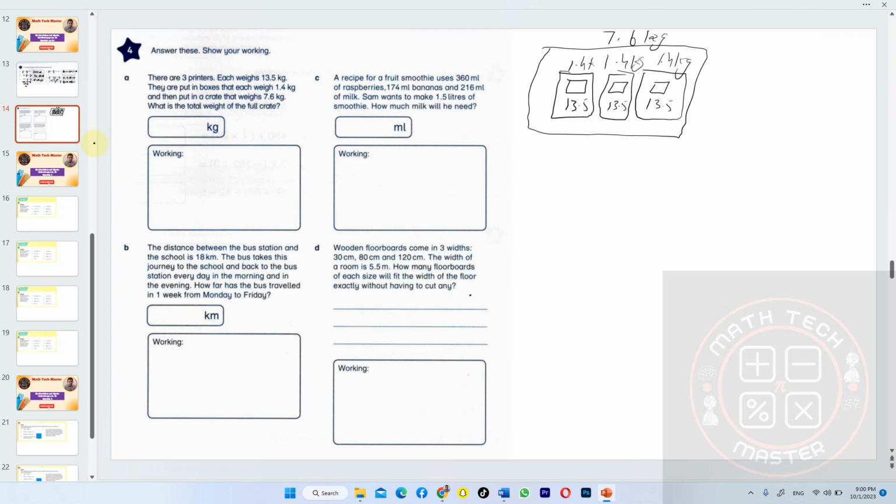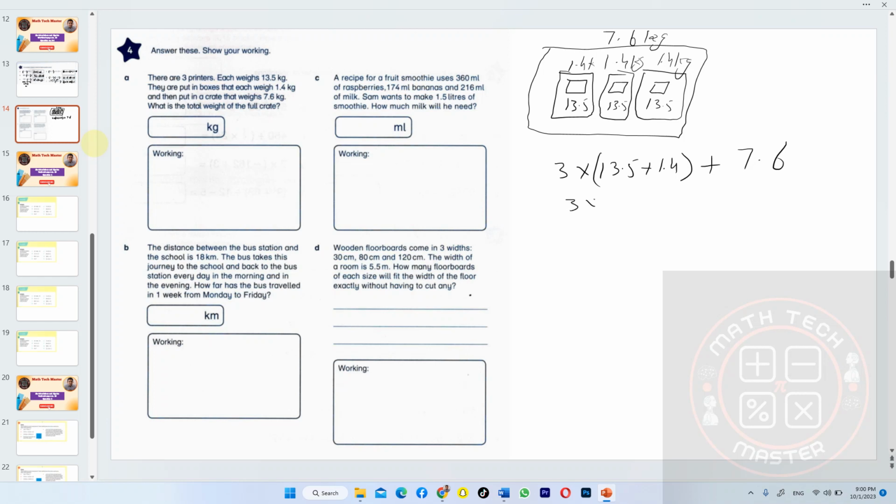So what we have to do, we have 3 printers and 3 boxes of 1.4 kg. So we can say 3 multiplied by 13.5, the weight of the printer, plus 1.4, the weight of that box. So we will add them and multiply by 3, and after that we will be adding 7.6 to it.